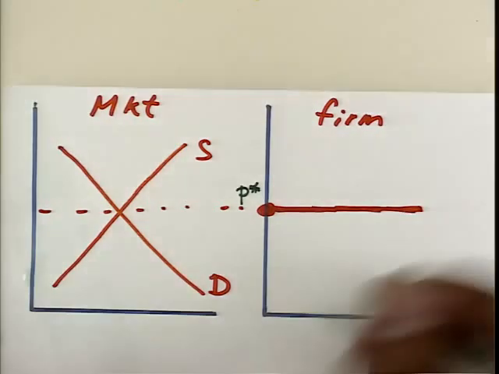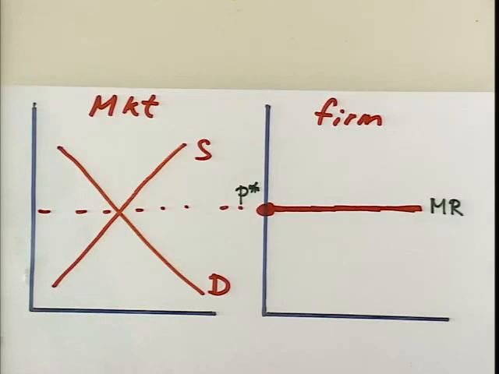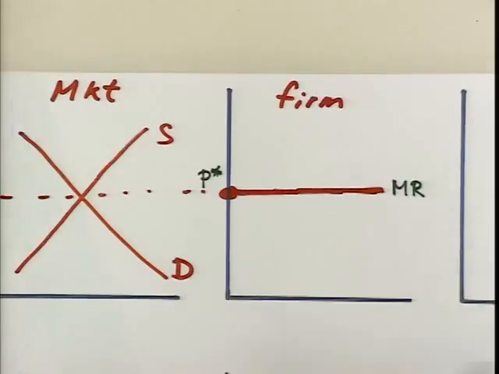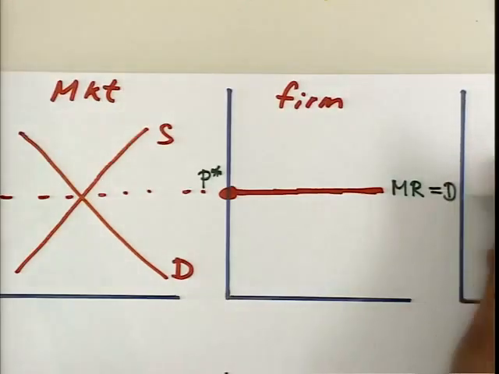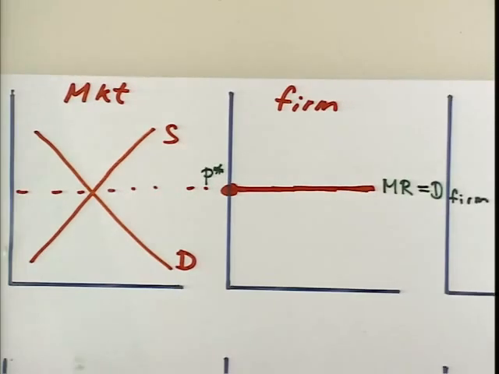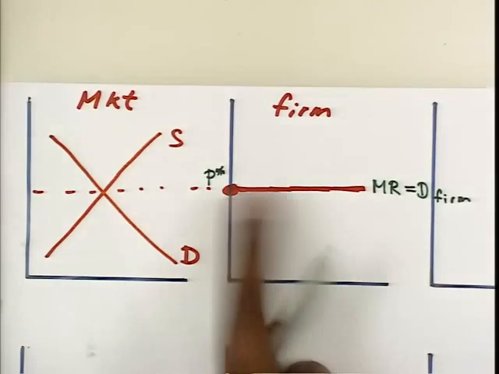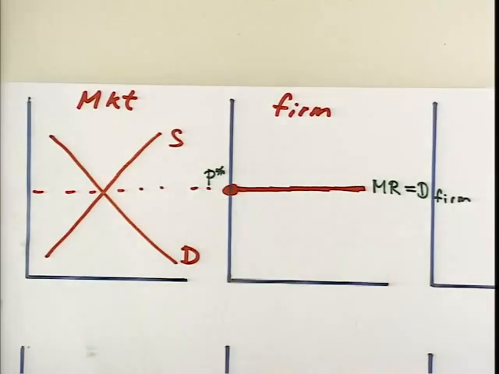Since the price is constant, the marginal revenue is also constant, and that curve is the demand curve of the individual firm. There is a demand for the firm's product at that market price.